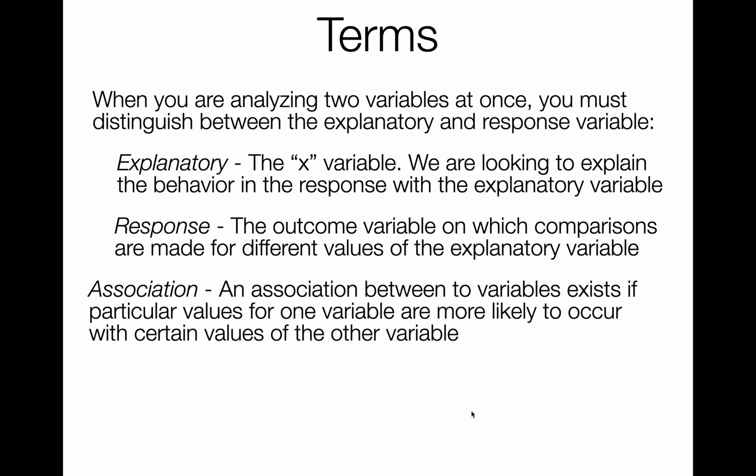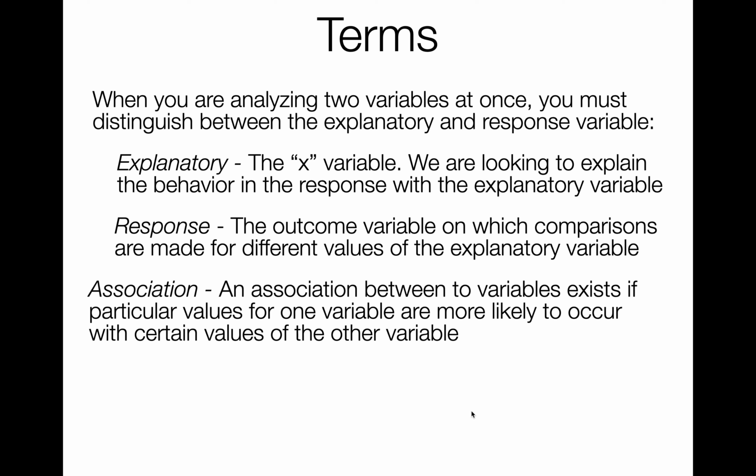The other term that we focus on in this lesson is association. An association is, this is a bad definition because I'm using the word in the definition. I'm sorry for that.